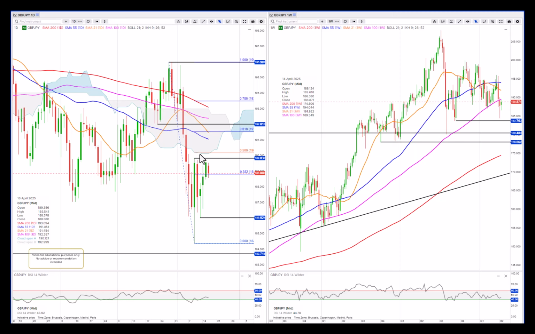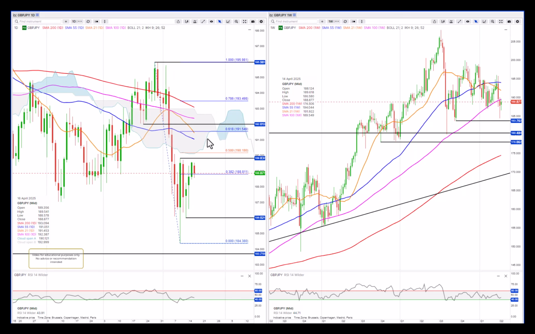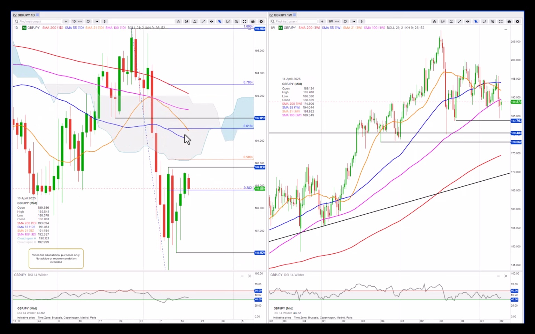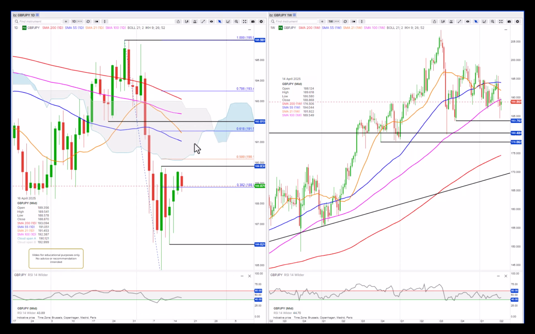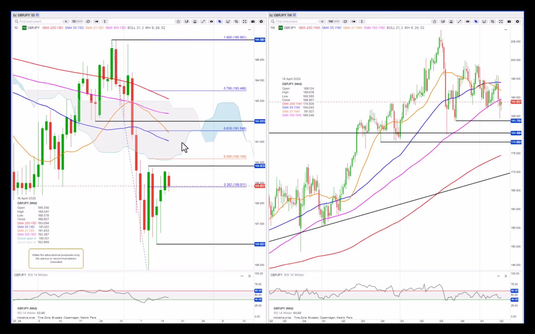We can also see all the daily moving averages are declining, kind of pushing it lower, and that is a sign we are in a bearish trend. We can also see that on the weekly, lower low, lower high, lower low, and so on. But if it takes out 190, then we could see a push up to 191.55, which is the 61.8 retracement.